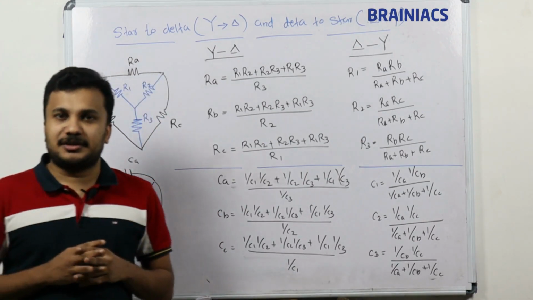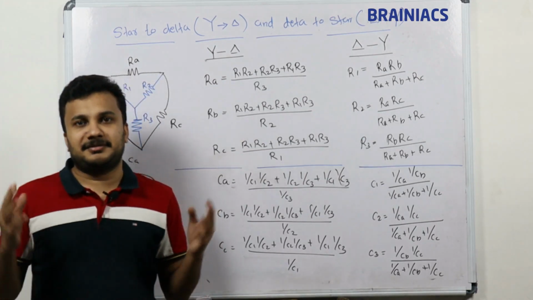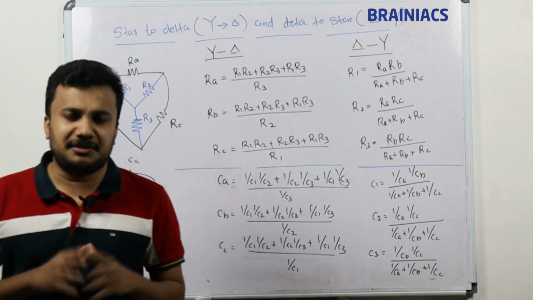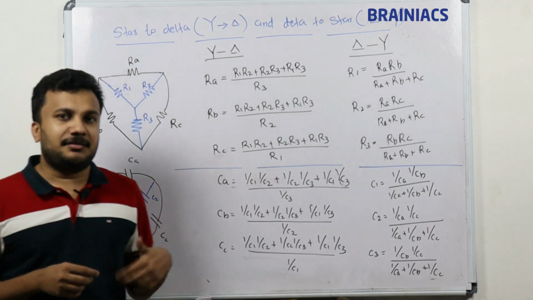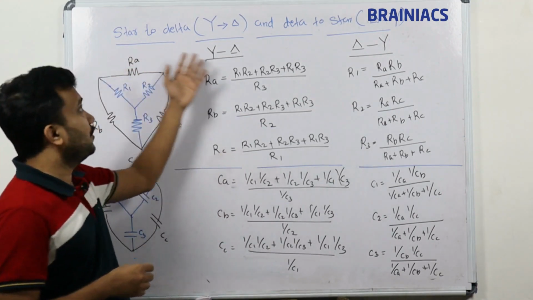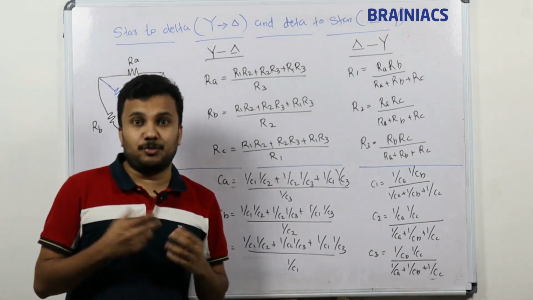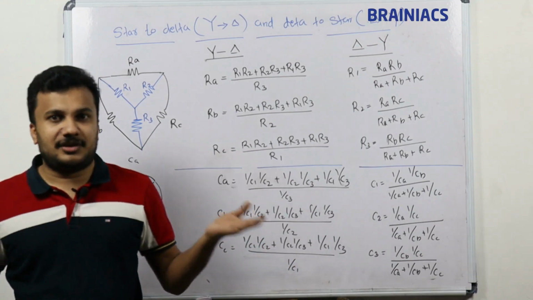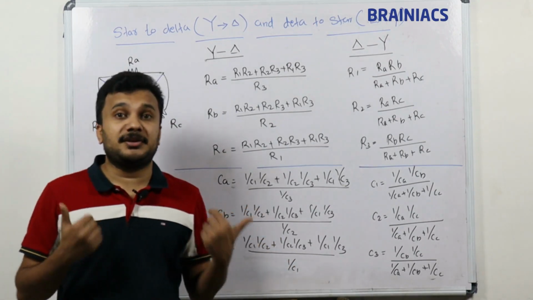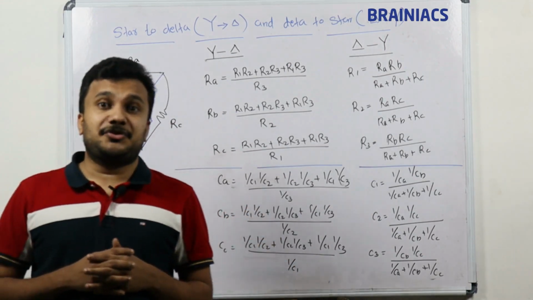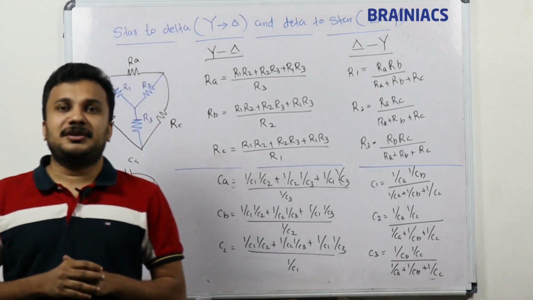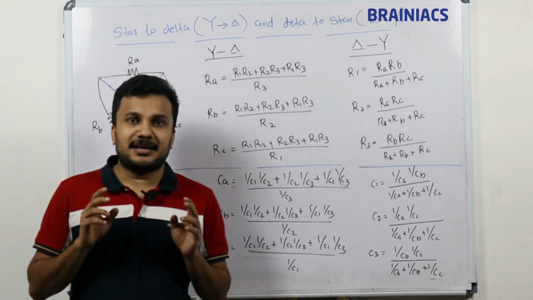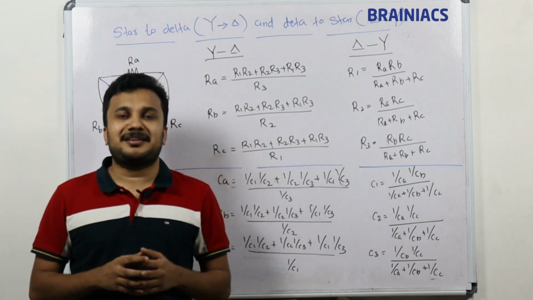This is a kind of logic, and it already has a set of derivations and other stuff, but that is not at all required. Anyway, you can see it is like star to delta and delta to star conversions. This is not there as such in your syllabus, but it will be very helpful to solve some tricky and challenging questions where most of the students will make an incorrect answer, where we can make the correct answer.